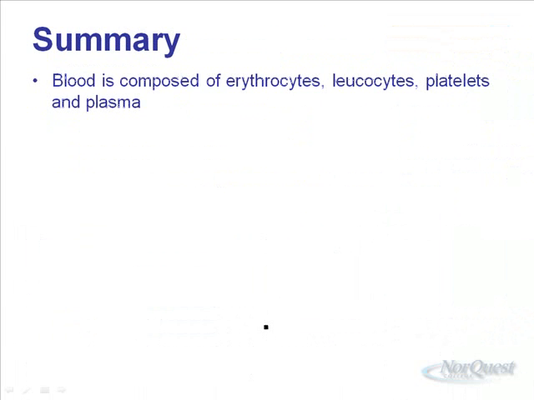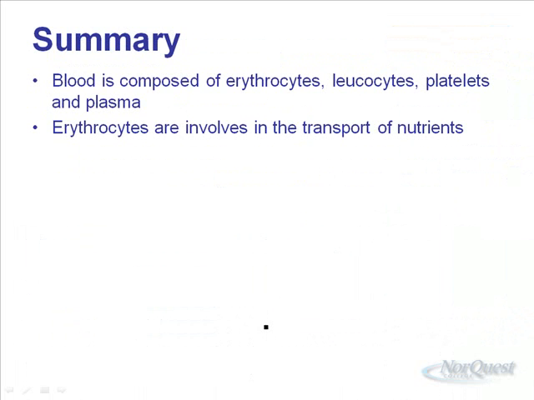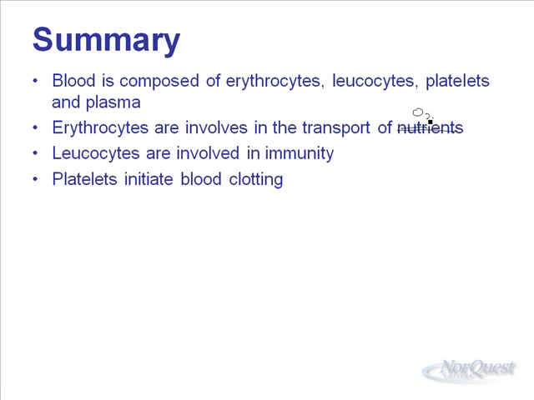So from this lecture, you should have the idea that blood is composed of three types of cells: erythrocytes, leukocytes, and platelets, and blood plasma. Erythrocytes are involved in the transport of nutrients, though we like O2 better. Erythrocytes transport oxygen. The leukocytes are involved in immunity, and platelets initiate blood clotting.